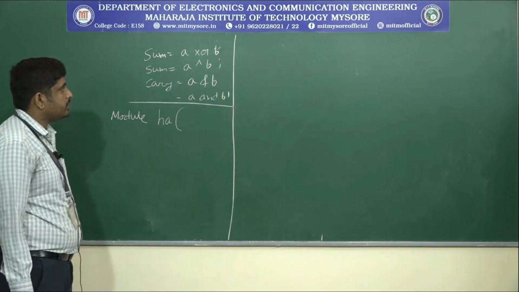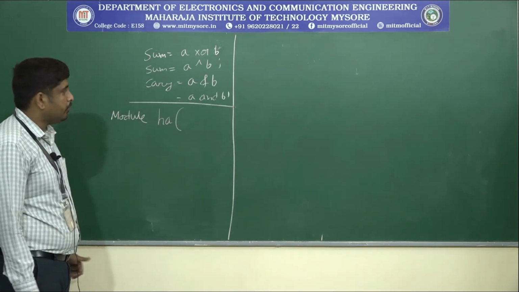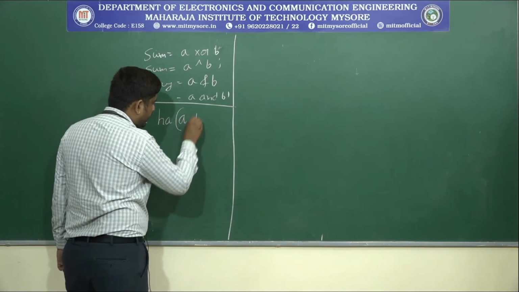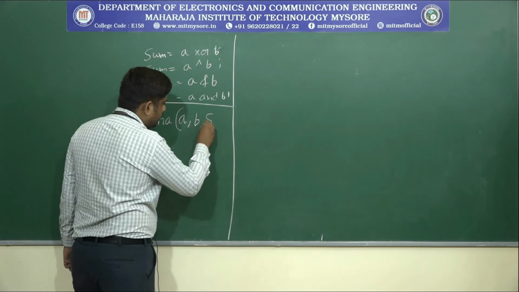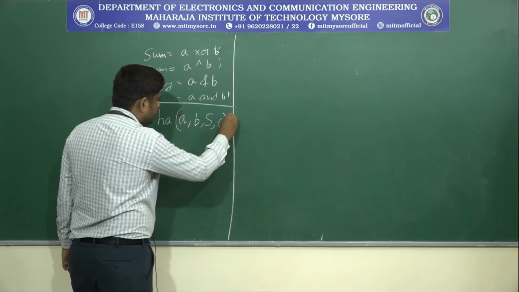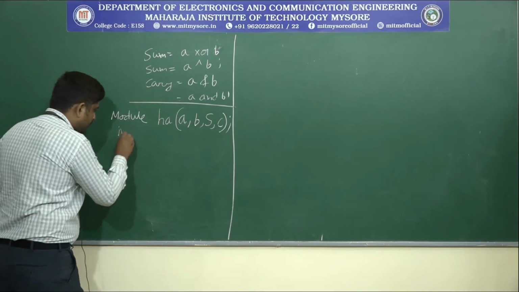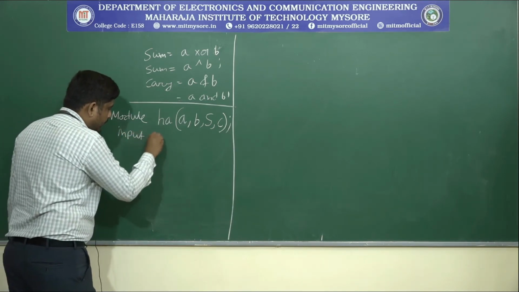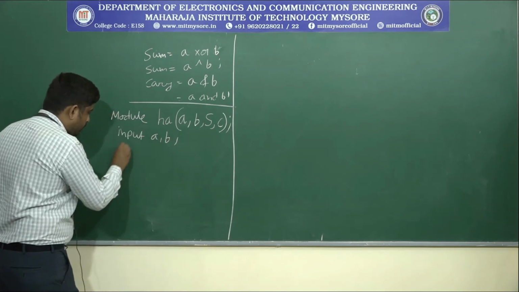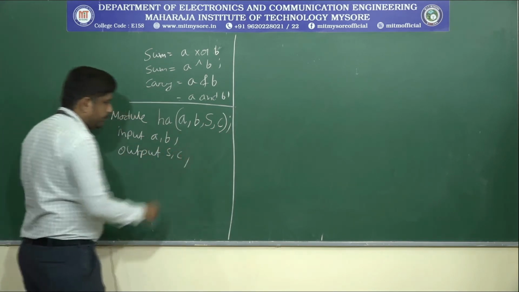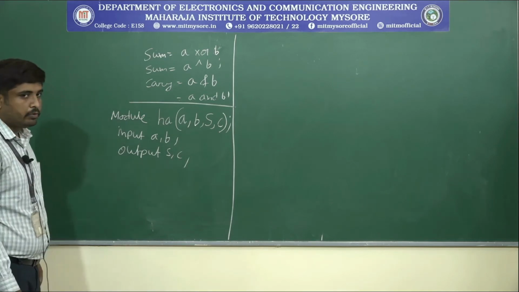What are the terminals here? A and B are the inputs, and sum and carry are the outputs. So I will assume A, B, sum, carry. You have to mention the input and output ports: input A, B, and output S, C.